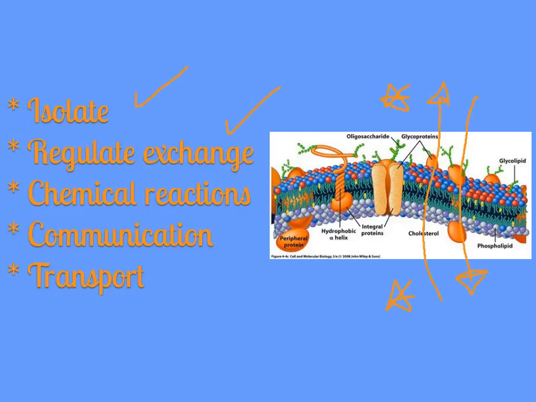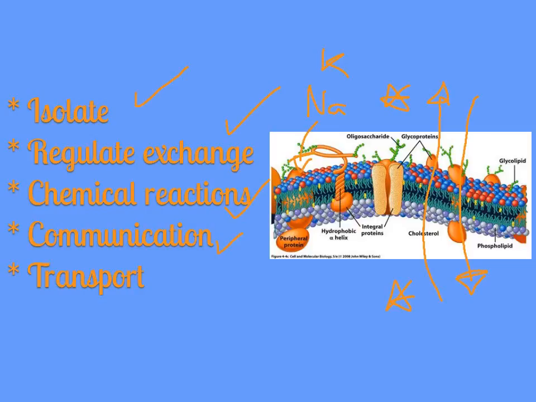Also, chemical reactions. Some of the chemical reactions of the cell, like for example moving important ions like sodium or potassium needed for ATP production, will be in charge of the cell membrane. The next one will be communication.